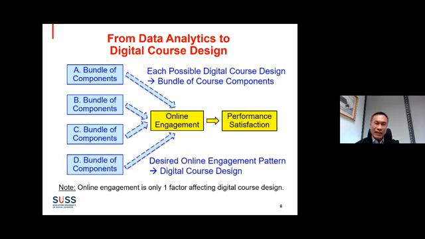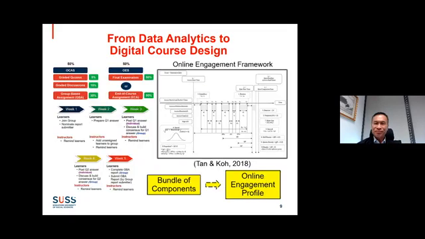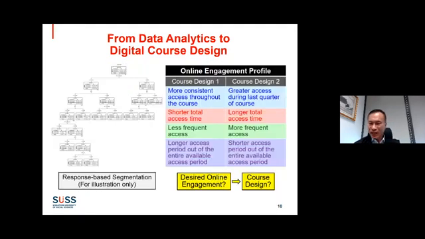Then when the courses are presented, data will be generated in the learning management system. Analyze the data to see what kind of online engagement profile is associated with the different bundles of components. Then decide which is the online engagement profile that you desire for this particular course. Once you have decided on that, it will give you a pretty good idea on how you should design your digital course. Right? So that's where we are now.